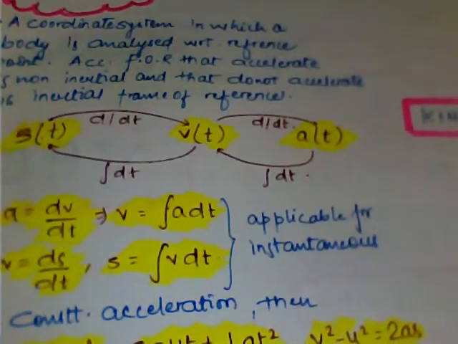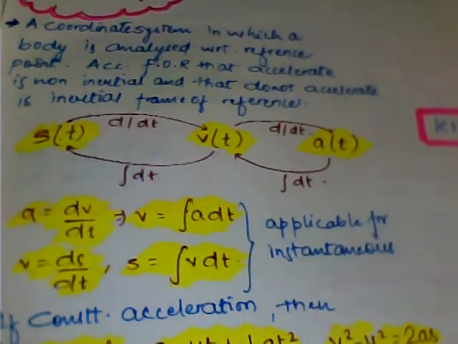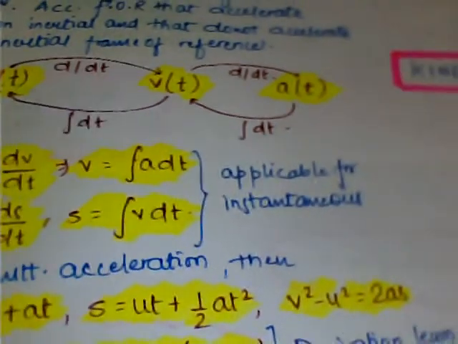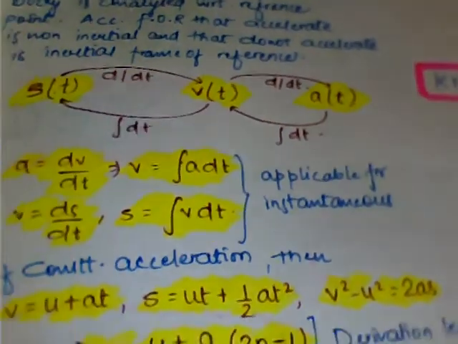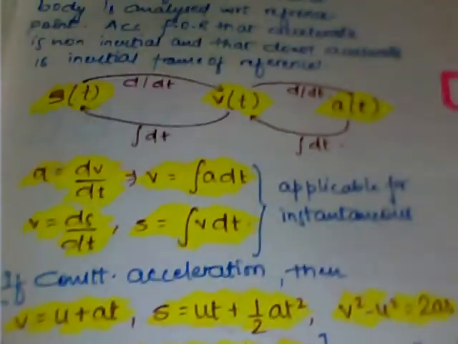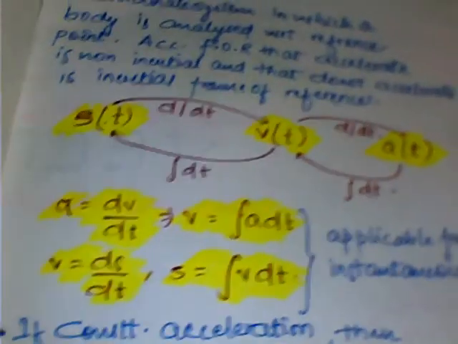For acceleration to velocity we have to integrate, and velocity to displacement we have to integrate, as it is given below. This is applicable for instantaneous values; if acceleration is not constant, then this condition will be true.